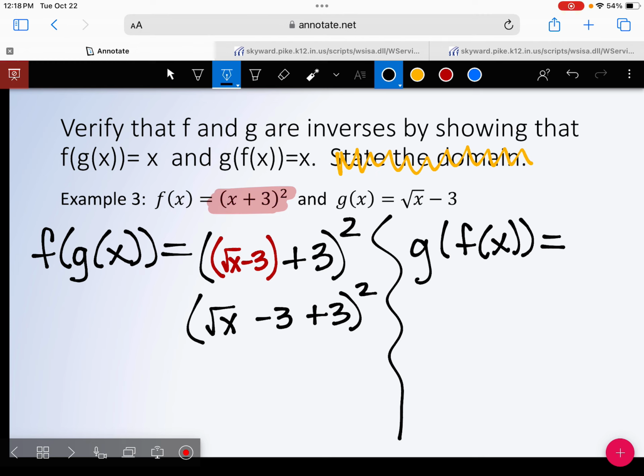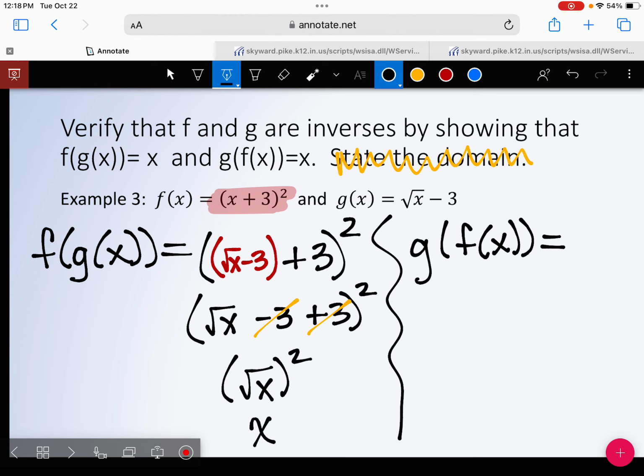What's the next thing I'm going to get rid of? Not the square, not yet. The 3's, the negative 3 and the positive 3, because they're not underneath anything. We're going to cancel these out. So now I'm left with just a square root of X squared. And then we are left with an X.